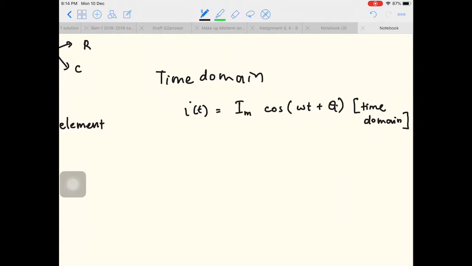We want to enter from time domain, the DC form, to the AC form. This is the time domain, and this one is the frequency domain.